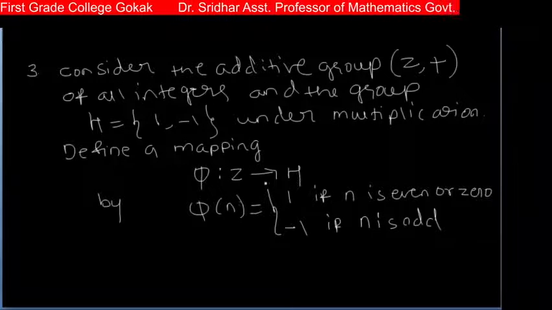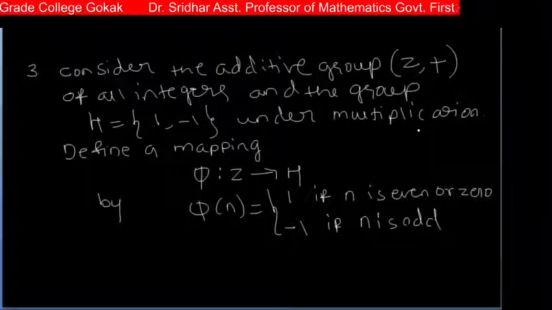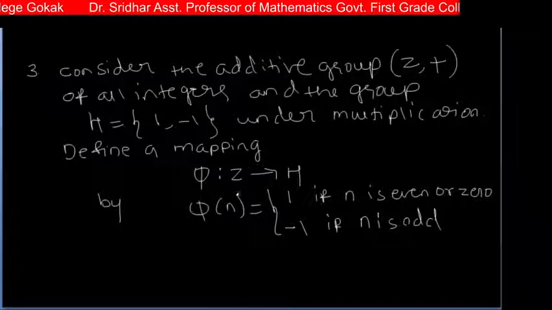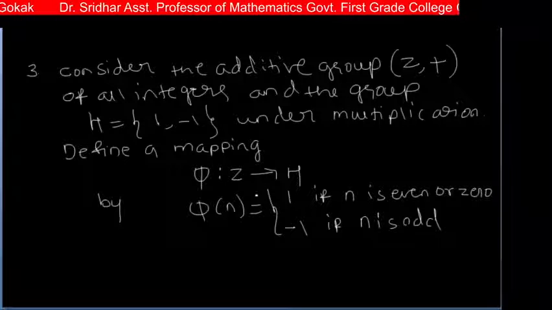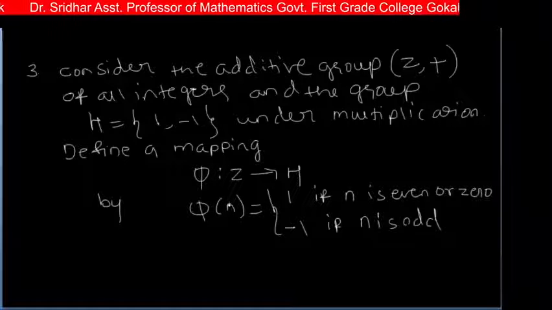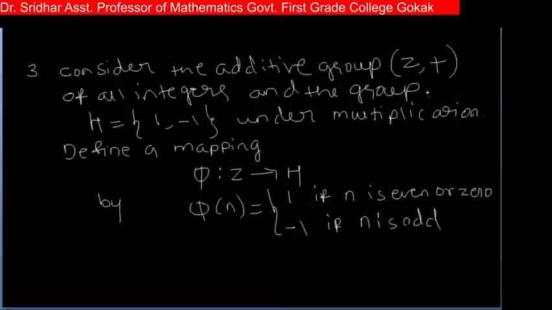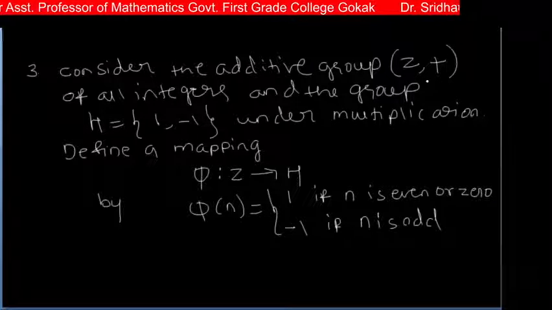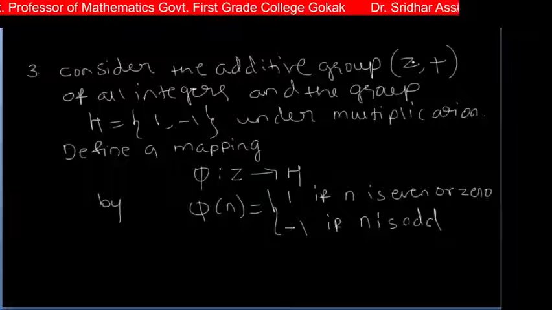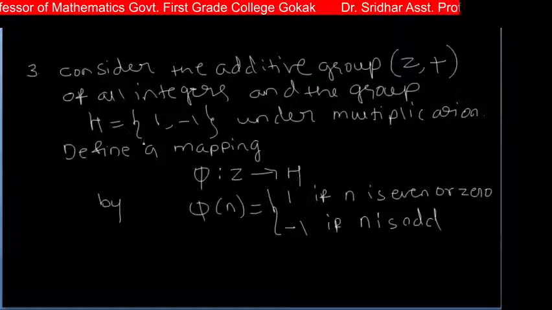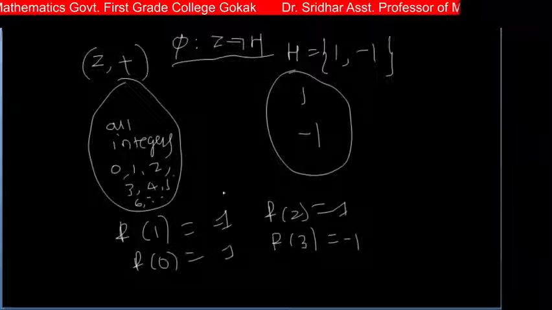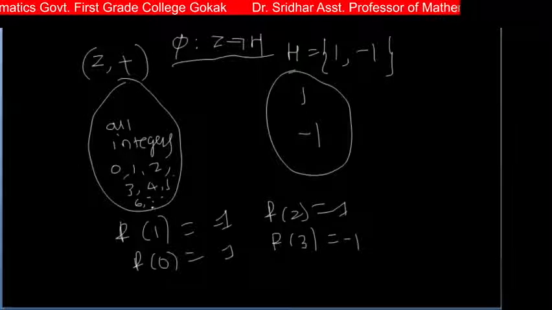So we define a mapping from Z to H by using this rule. That means we are assigning to the elements of Z the elements of H by this rule. Here we consider two groups.